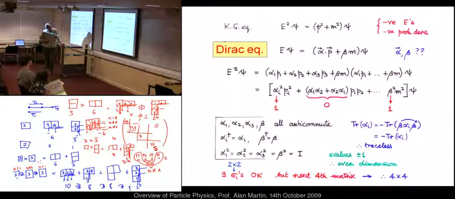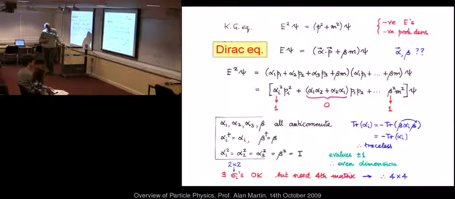Moreover, if we take the trace of any one of them, as we know that they anti-commute, this is the same as having minus beta alpha i beta, just because they anti-commute. You can take that from here and multiply by beta, for example, and you'll get this thing here. So as they anti-commute, we get a minus sign here.